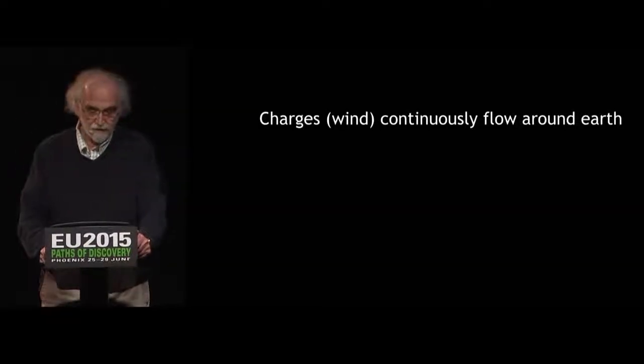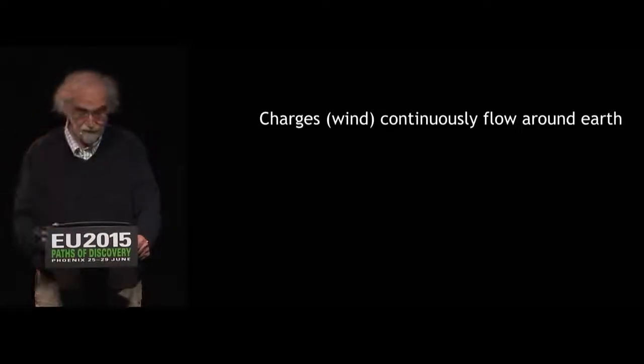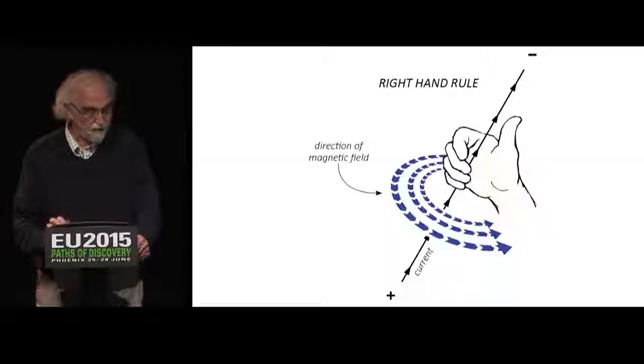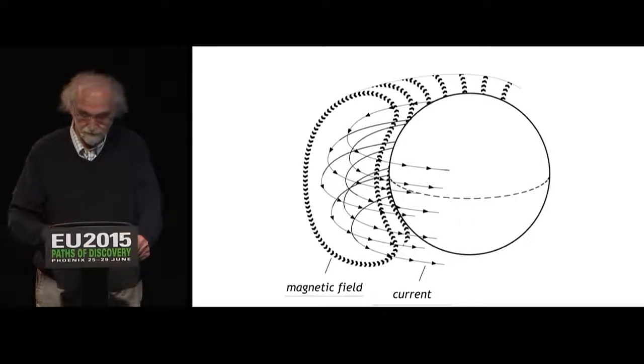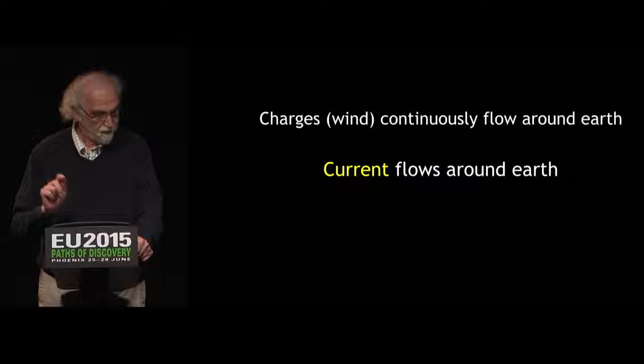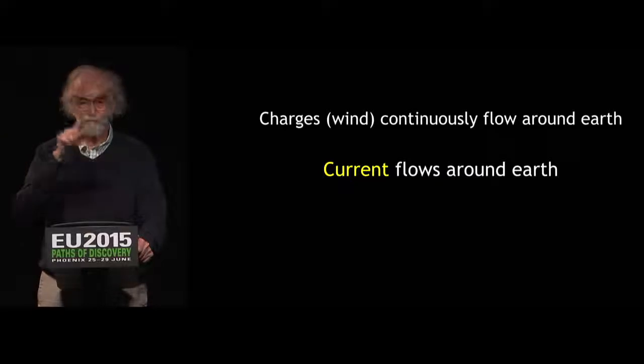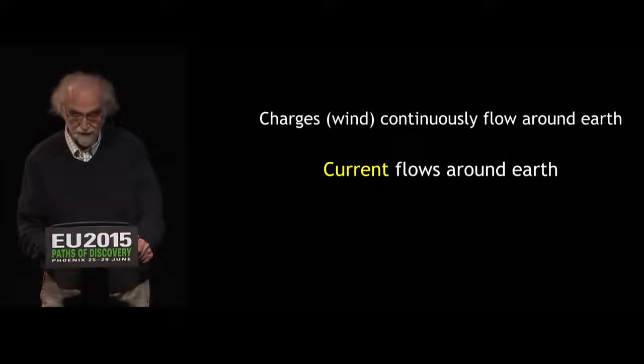With those charges constantly flowing around the Earth, like the jet stream, basically we have a current flowing around the Earth. So think of a current now flowing around the Earth from west to east.